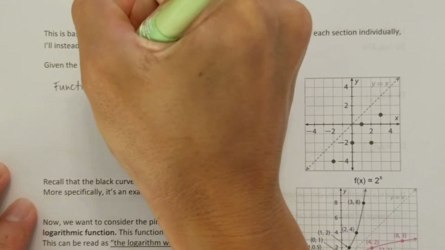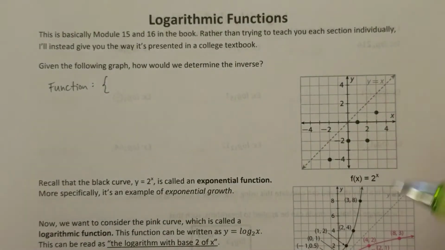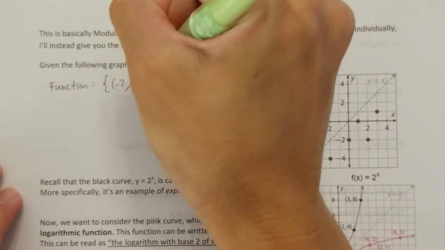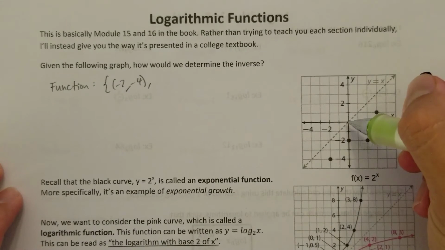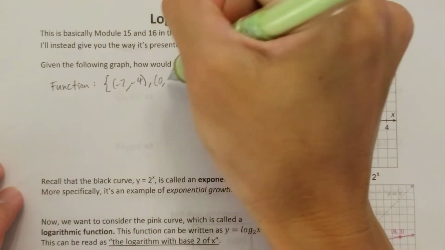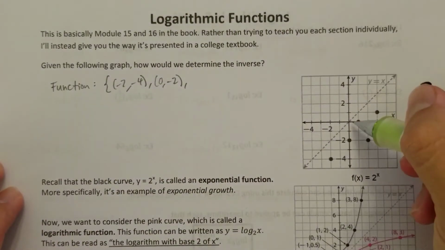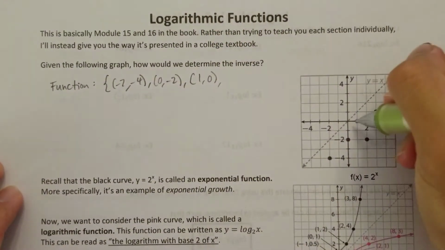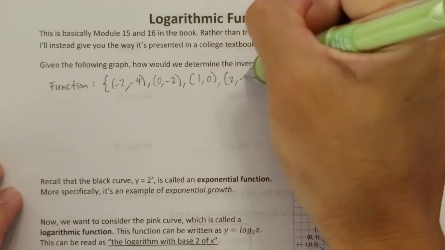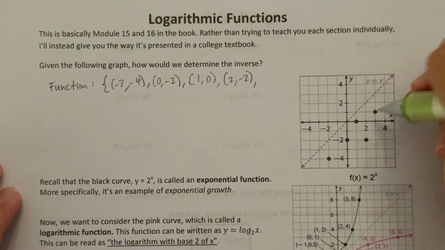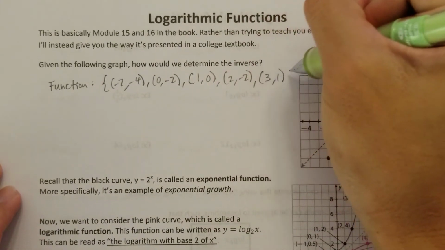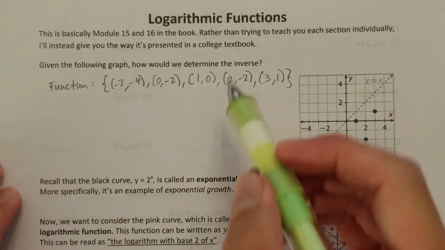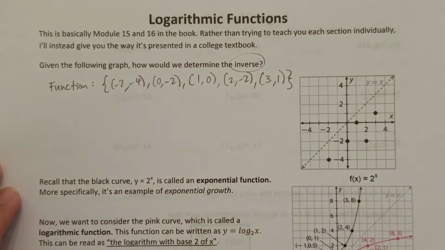Our function is defined by the points: -2 comma -4, 0 comma -2, 1 comma 0, 2 comma -2, and 3 comma 1. Okay, so this is our function. We have to determine the inverse.